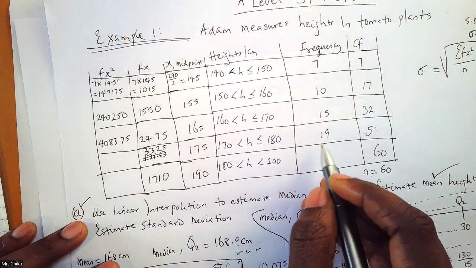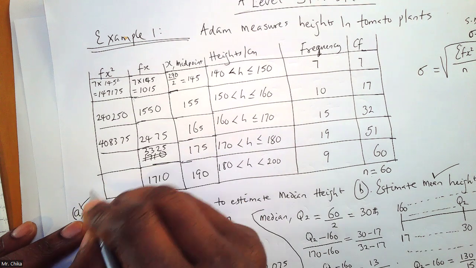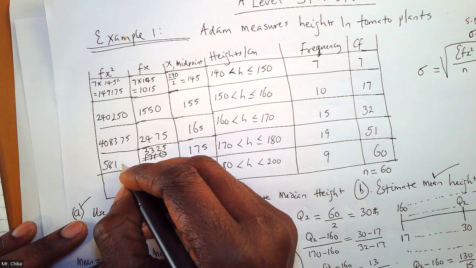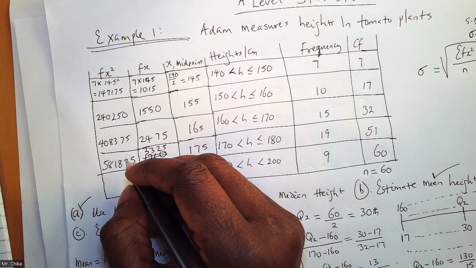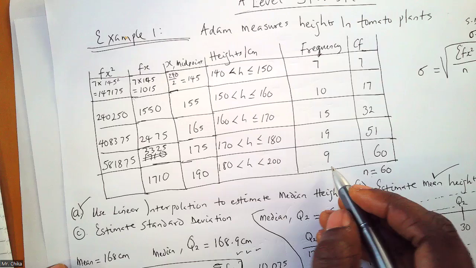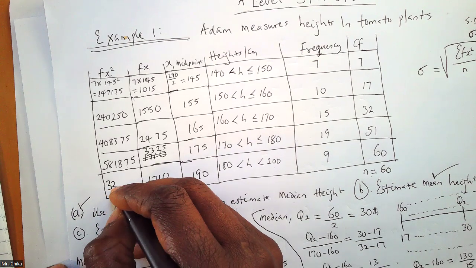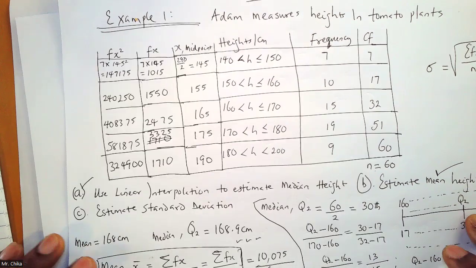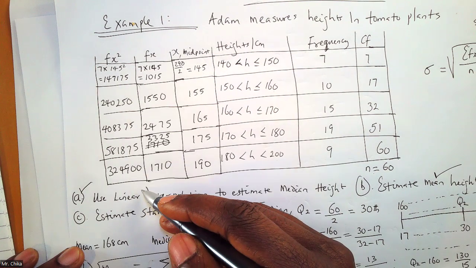Then the next one, 19 times 175 squared, will give you 581,875. And the final one, 9 times 190 squared, will give you 324,900.